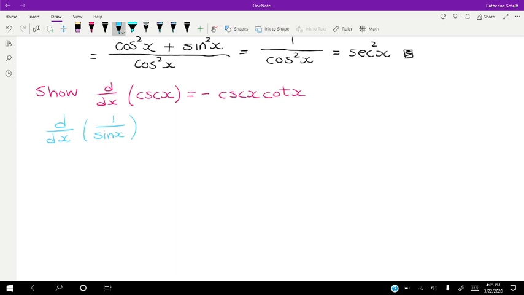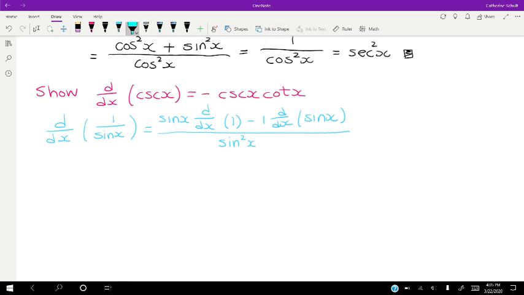Okay, and now we see we have our quotient. So taking the derivative of a quotient, it's the bottom function times the derivative of the top minus the top times the derivative of the bottom over the bottom squared.